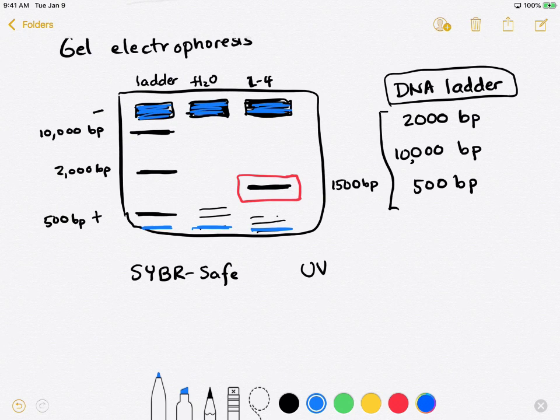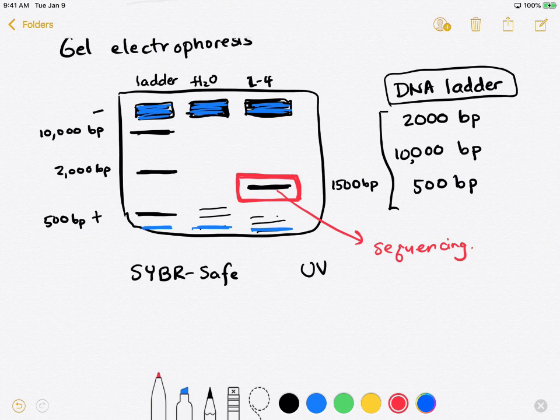At this point, if we had been in a research lab, what we would have done is we would have taken out this red square, this 1,500 base pair band. We would have isolated that DNA, cleaned it up, and then sent it for sequencing. You guys are at the end of the semester. You obviously didn't have time to do this, so we did this for you.